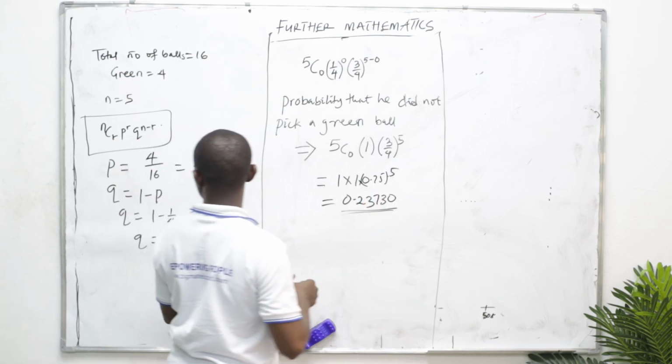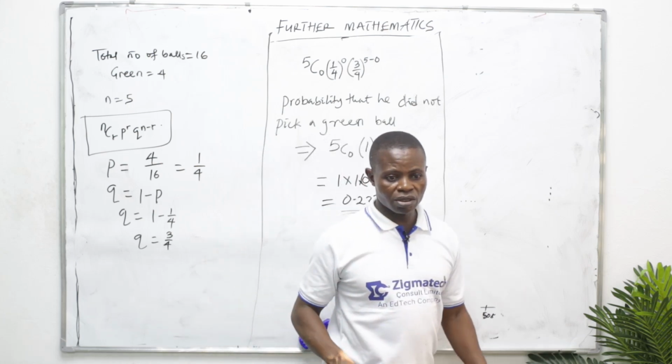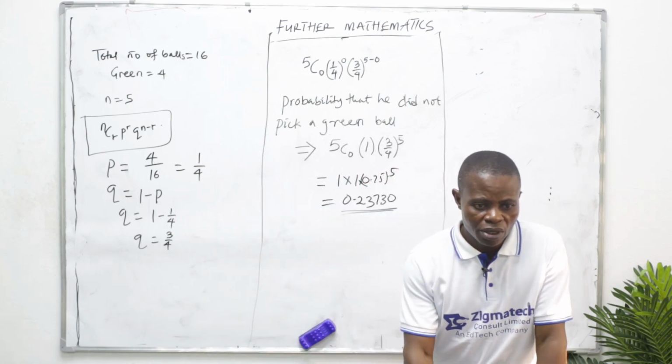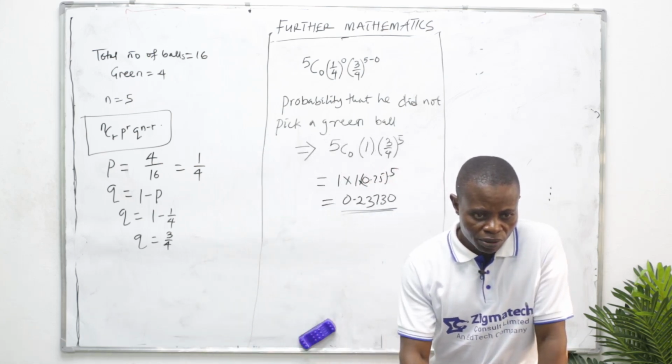So this is the probability that he did not pick a green ball.